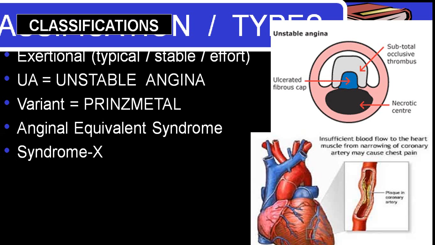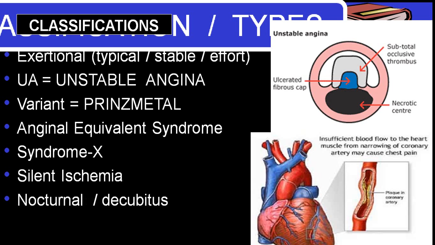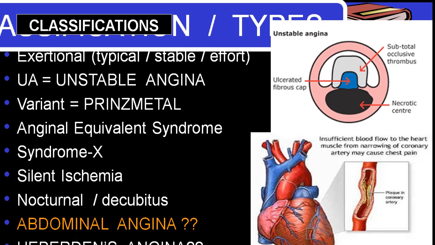Then there is angina syndrome X or cardiac syndrome X, silent ischemia, nocturnal angina or angina decubitus. And there are more words utilized, abdominal angina and Heberden's angina. So these are the different terms which can be utilized, or you can call different types depending upon the description, and you use those terminologies.